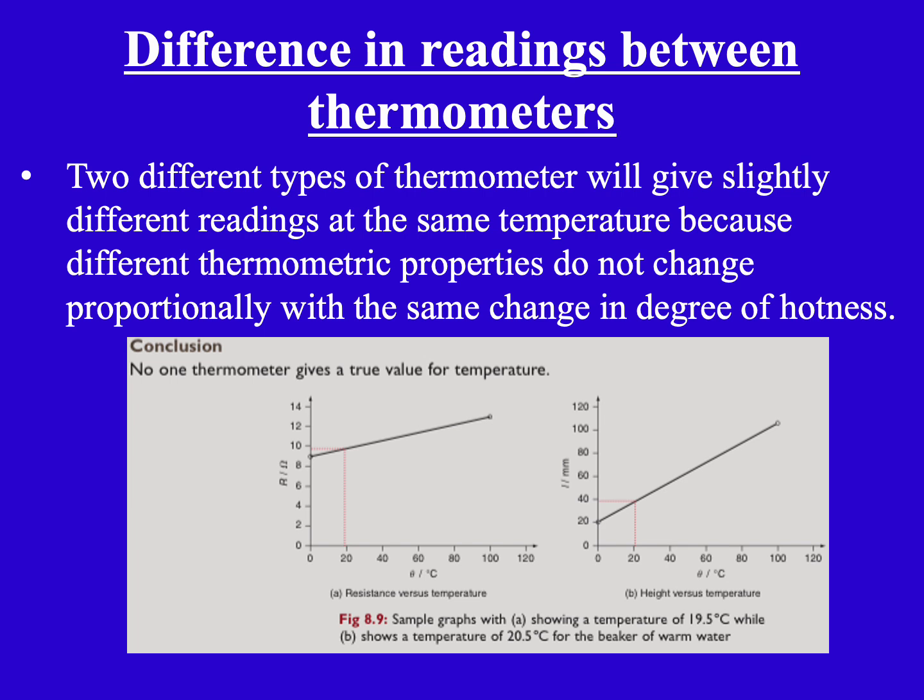So in the same beaker of water, the resistance might measure 19.5 degrees Celsius, whereas the length of the column might measure 20.5 degrees Celsius. So slightly different. They do not change proportionally.